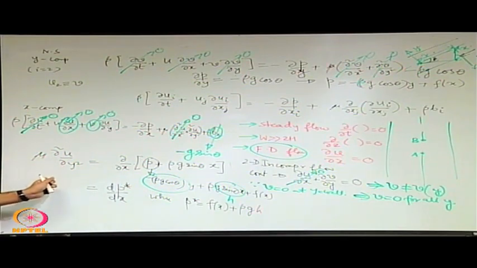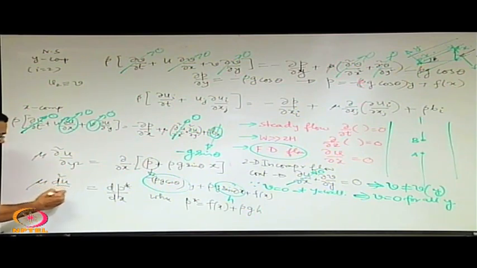Left hand side, what do you get in the left hand side? See, u is a function of y only, therefore the left hand side is mu d2u dy2, okay, because u is a function of y only, so the partial derivative and ordinary derivative are the same.